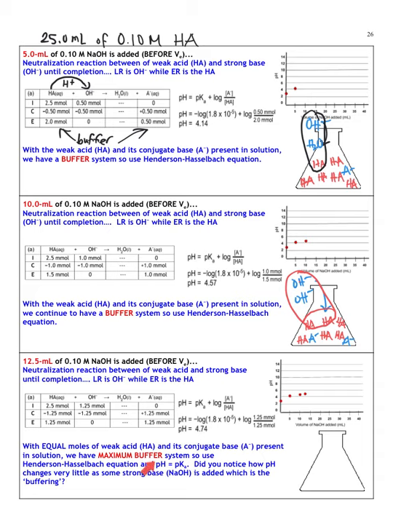And so this is maximum buffer capacity. We call it that when you have equal amounts of both the weak acid and its conjugate base. That means it can buffer both ends. Either if you add more acid or more base to this solution, it can do buffering on both ends. That's why we call this maximum buffer capacity.